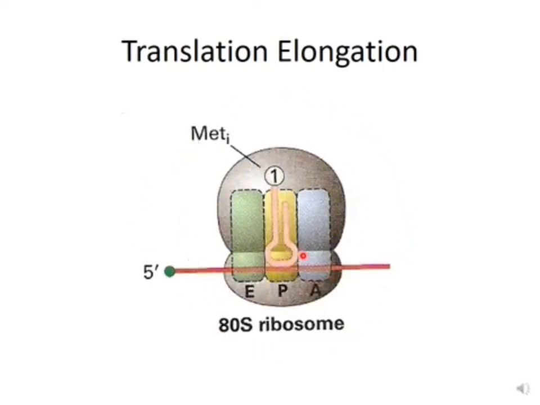We have the larger subunit bound to the smaller subunit that is bound to the mRNA, where the AUG sequence of the mRNA is located at the P site of the ribosome, where also the tRNA methionine bound to methionine is located, and where the first amino acid is present at the P site.